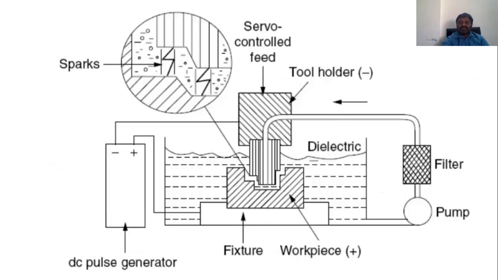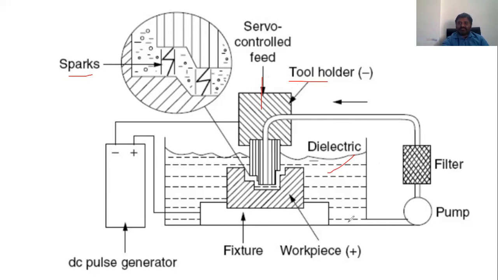So once again, looking at the figure: a spark is generated. When ionizing takes place between the electrons and the atoms, the wire is fed, and the tool holder holds the dielectric fluid, for which we can use a hydrocarbon or a mineral oil.